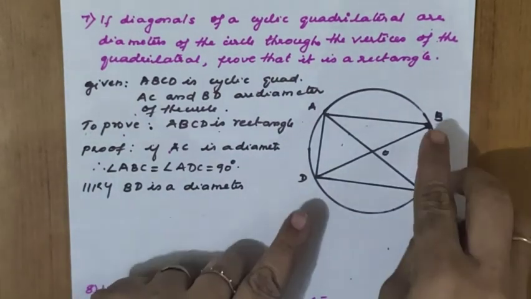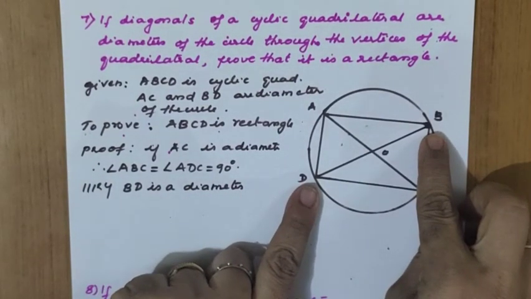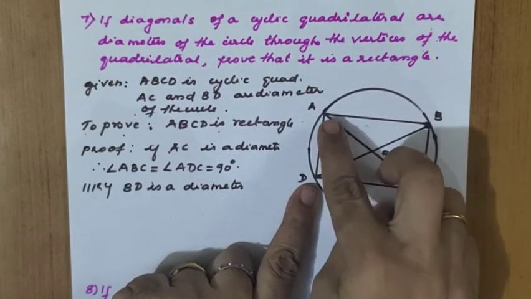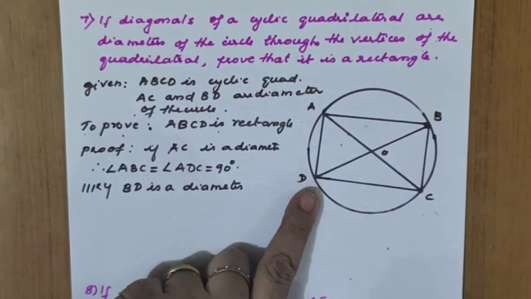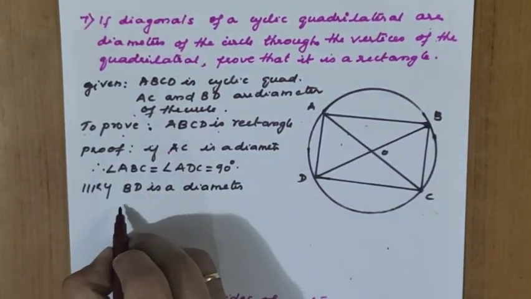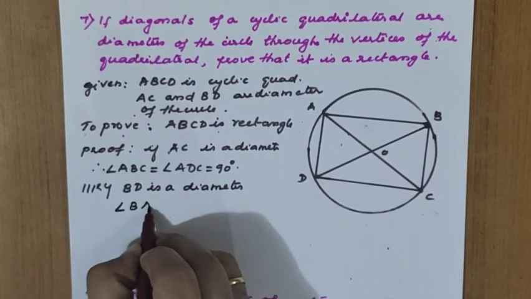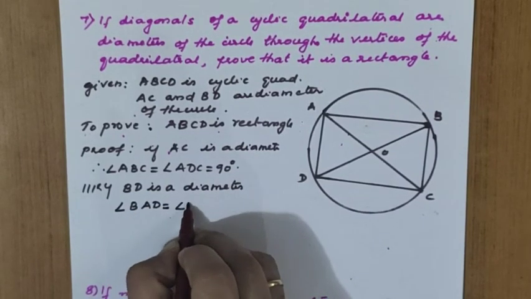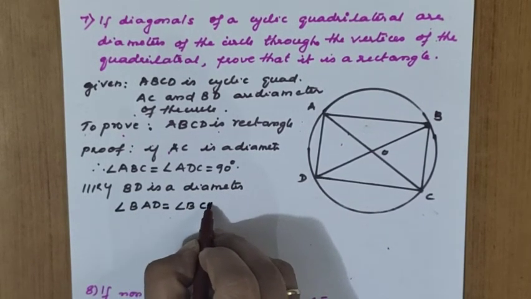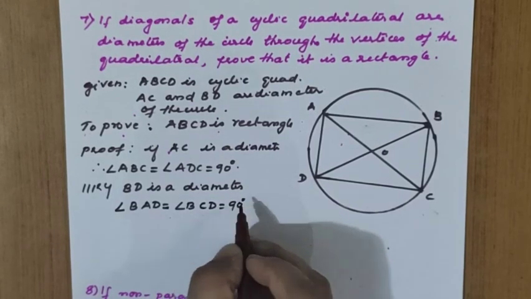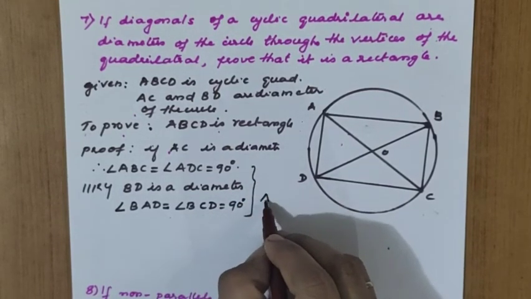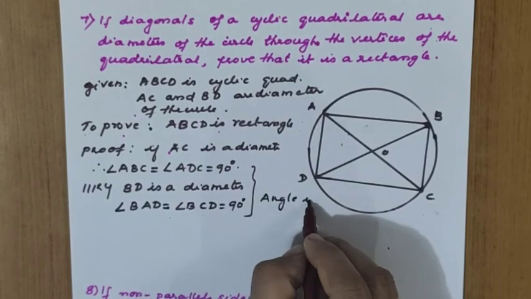Again BD is forming angles in the semicircle, angle BAD as well as angle BCD. So angle BAD equal to angle BCD equal to 90 degrees. The reason: angle in a semicircle.